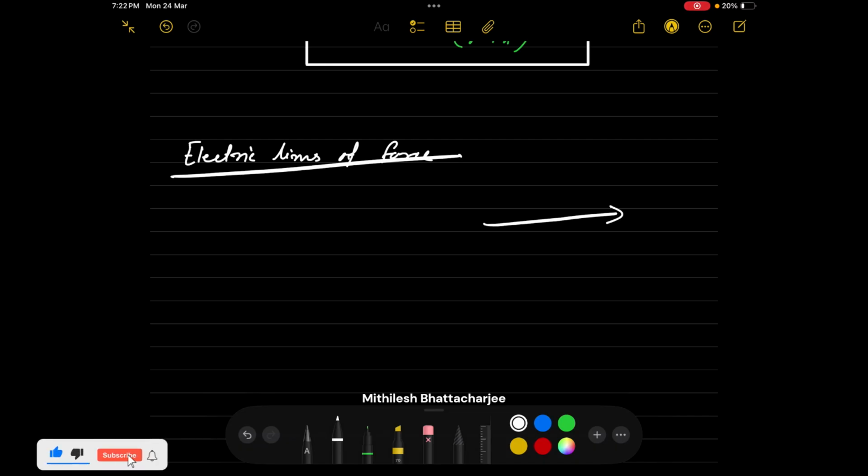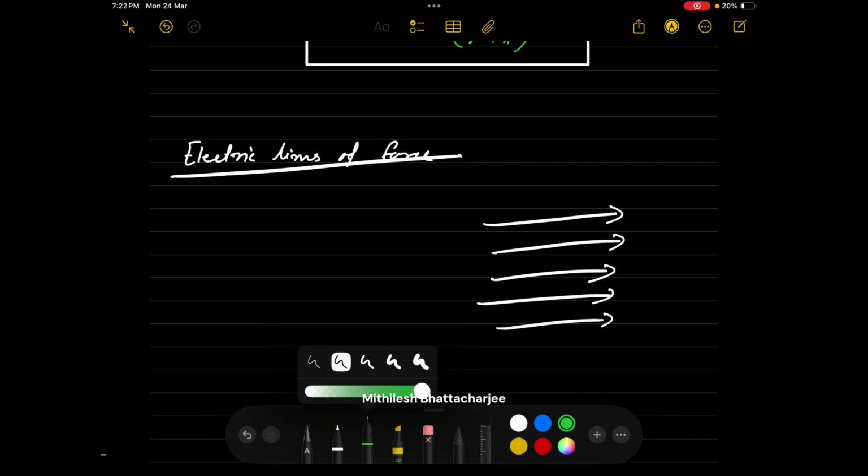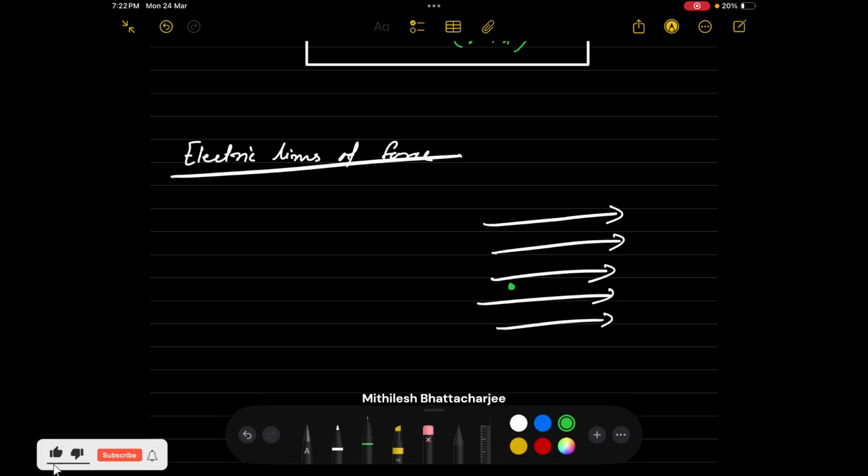Like this is the electric field. If we put a positive charge, the positive charge will move in this way. So this is the imaginary line, right?